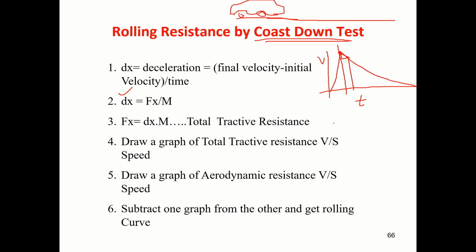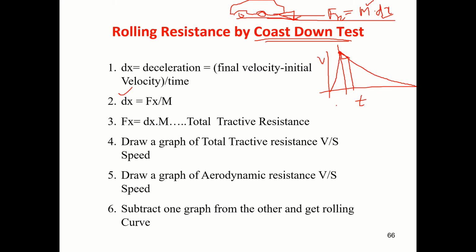Dx double dot, that means to say the vehicle is slowing down now. So there is a resistance being offered. This resistance we calculate. This resistance is nothing but mass of the vehicle into its deceleration. Mass you know, deceleration value you measure.